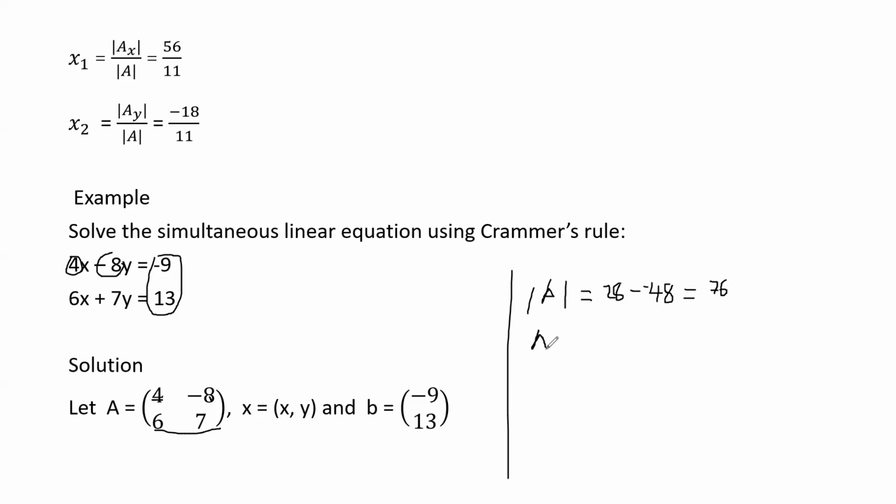What is the matrix AX? AX becomes what? Negative 8 from the matrix, minus 9, 8, 7.